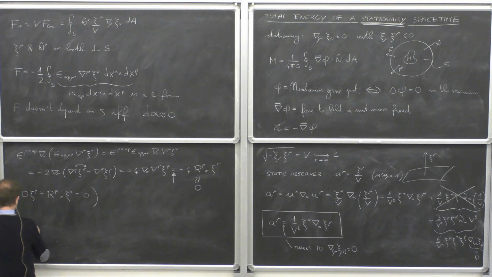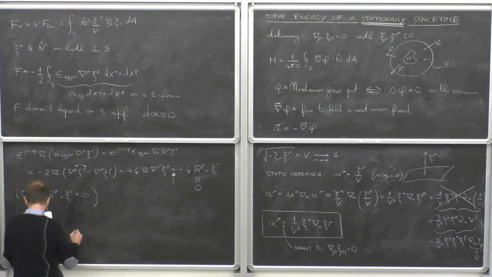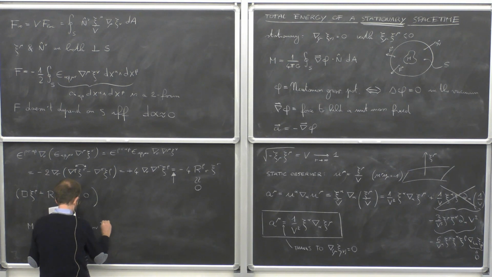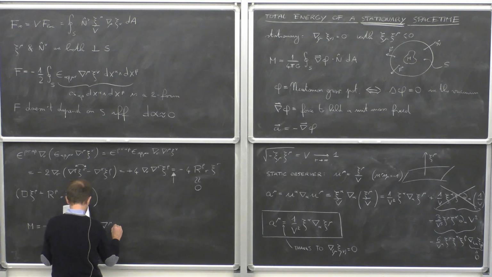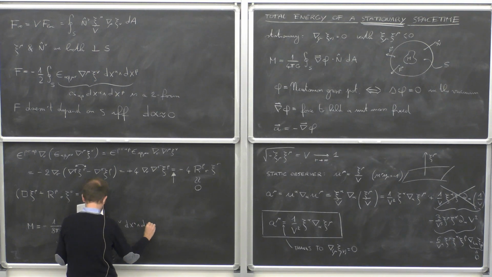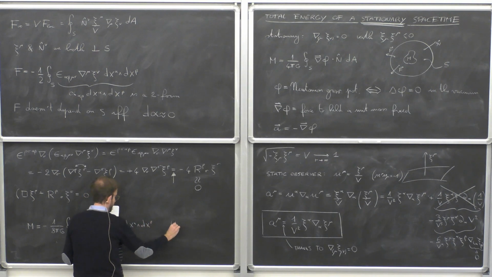And the end result, which is the important thing here, since I didn't want just to get the formula out of the blue, is the Komar mass formula. Or if you wish, the Komar mass.